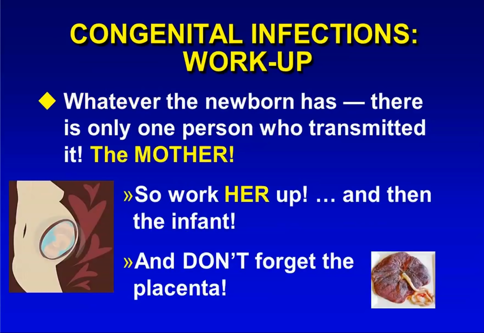That's one of the reasons I like neonatal infectious disease. It's kind of simple-minded. So if we know the only exposure was the mother, we should first evaluate her and see what she has, what she doesn't have, and that will lead us to what specific tests should be done on this baby.